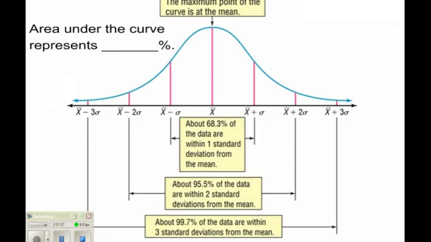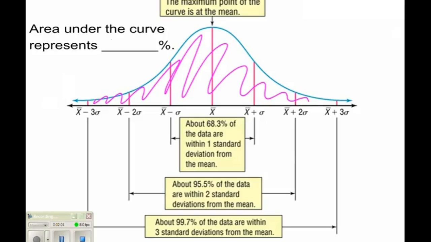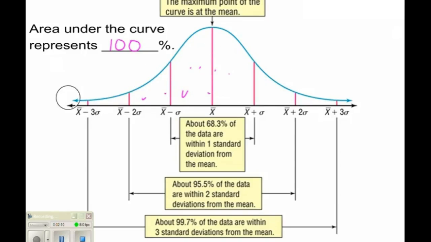So what's this curve all about? We can talk about the area under the curve, this region that sits under here. That would represent 100% of our data. Under this curve, we can start slicing it up. And you'll see on the chart here, it talks about X bar, which we know is the arithmetic mean.